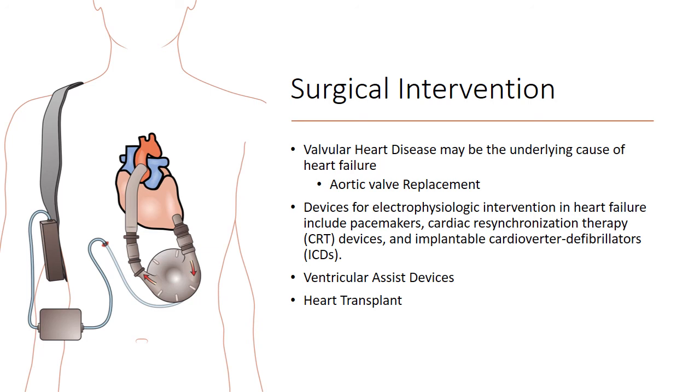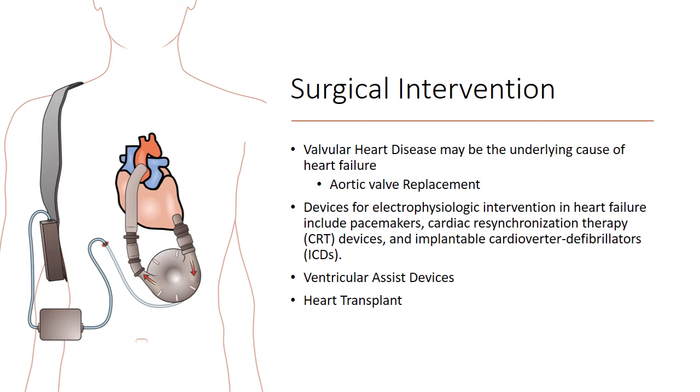The image that we can see on the left is a diagram that represents a ventricular assist device. So this is an implantable device that actually drains blood out of the failing ventricle and then assists to pump it, as we can see here, directly into the aorta.